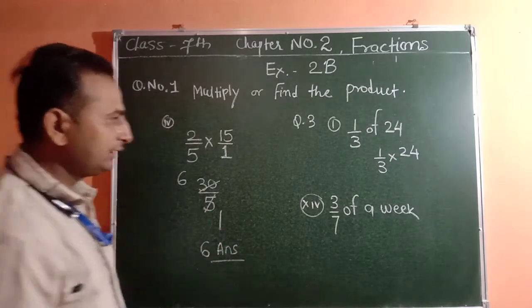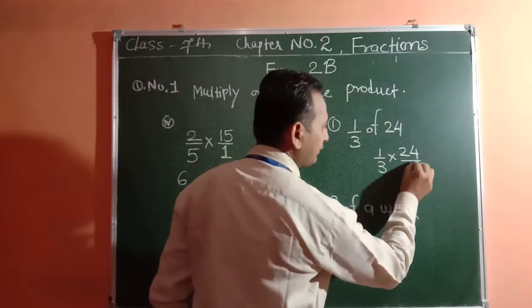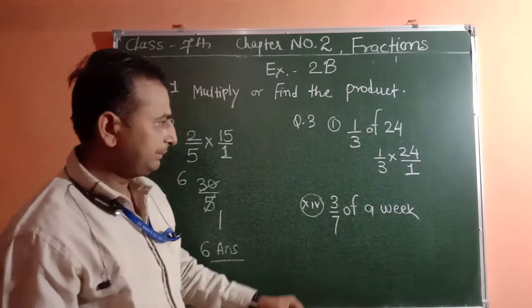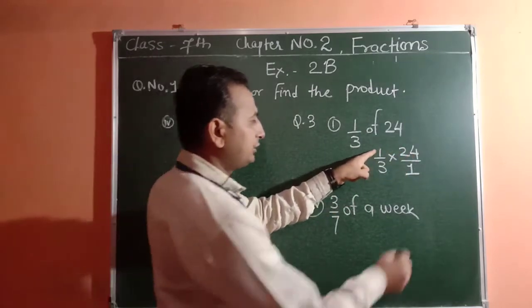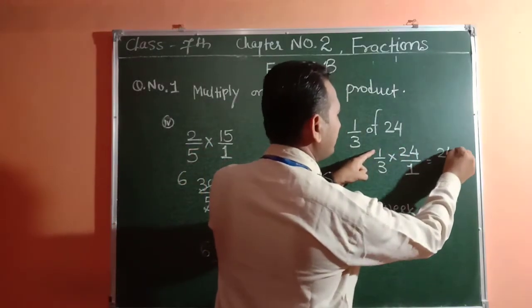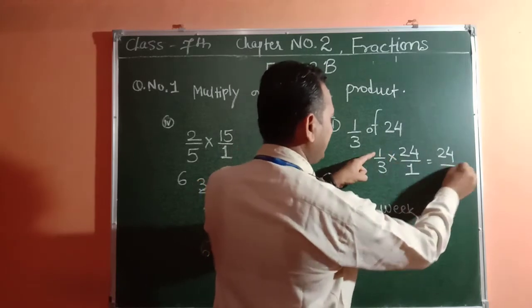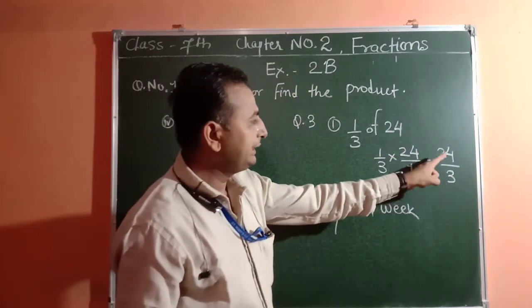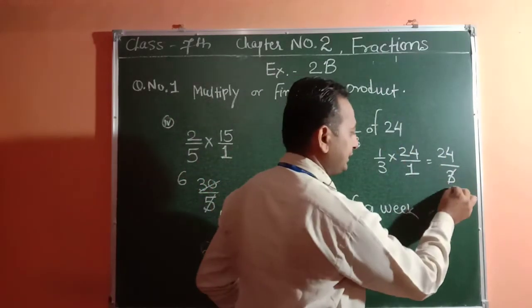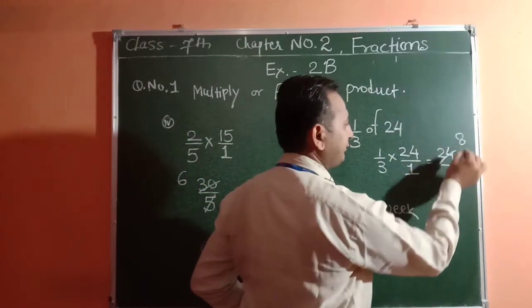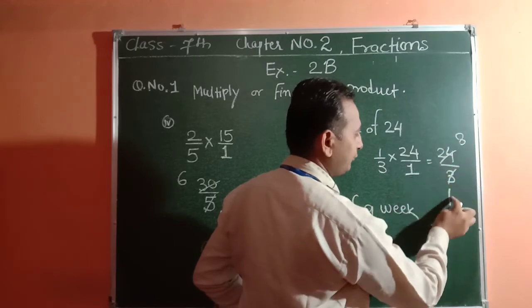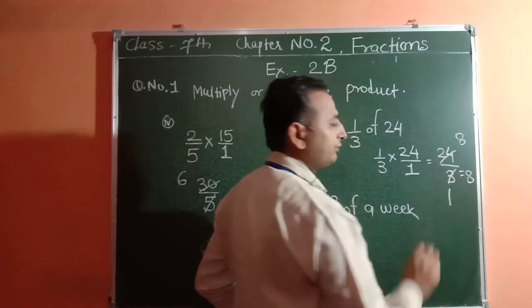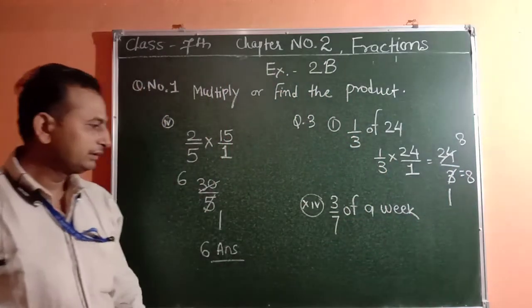Similarly, in this question you also follow the same method. 1 times 1 is 1, 24 over 1 is 24, and 3 over 1 is 3. After that, 3 eights are 24, 3 ones are 3. Finally you will get 8 upon 1, which means 8. Yes, it is your final answer.